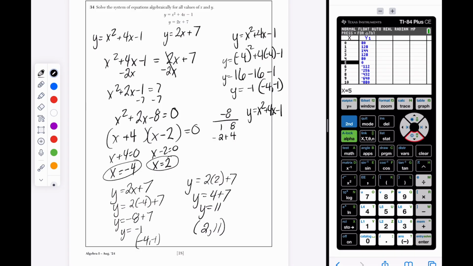And then we'll do the second one. I'm trying to keep it all on the page here. So y is equal to, this time we're going to sub 2. 2 squared plus 4 times 2 minus 1. So 4 plus 8 minus 1. 4 plus 8 is 12, minus 1 is 11. So this gives us the other point, (2, 11). So that also works.